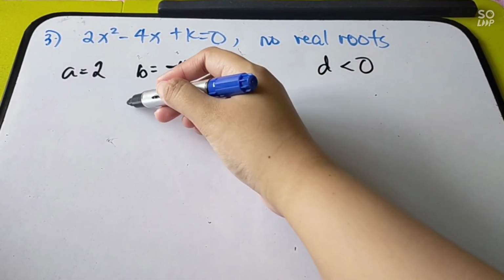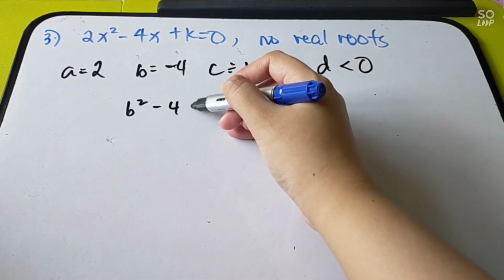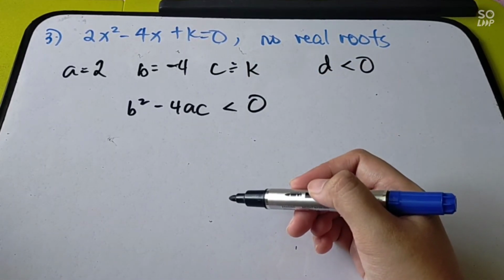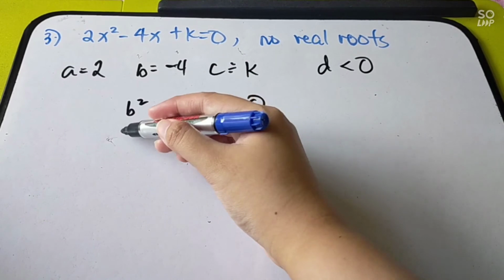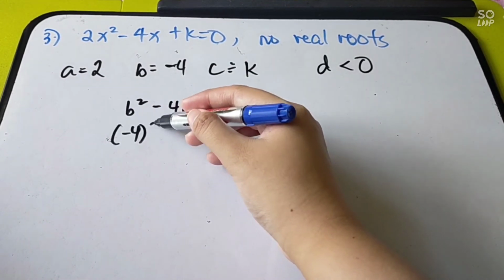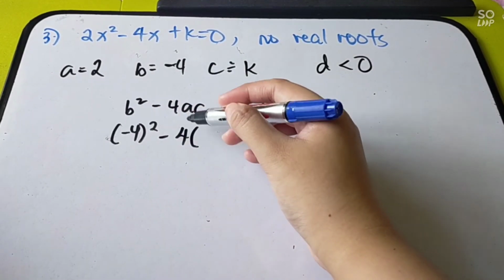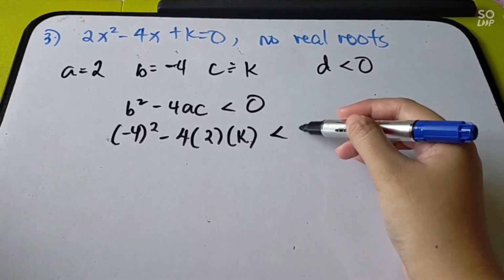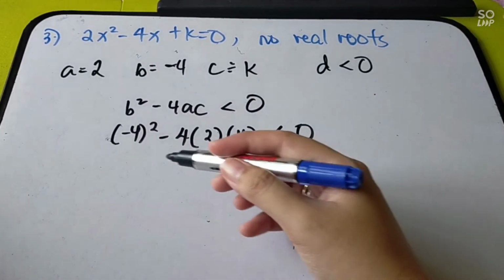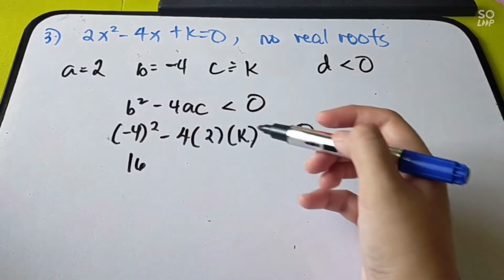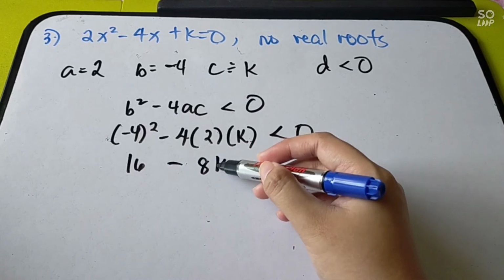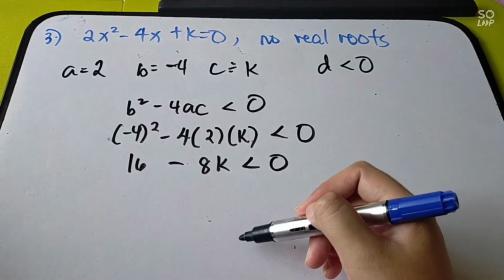Then, we have here b squared minus 4ac must be less than 0. That's your working formula. Then, let us substitute. So, you have here negative 4 squared minus 4 times 2 times k less than 0. Then afterwards, simplify. This one is 16. Next, this one is negative 8k less than 0.